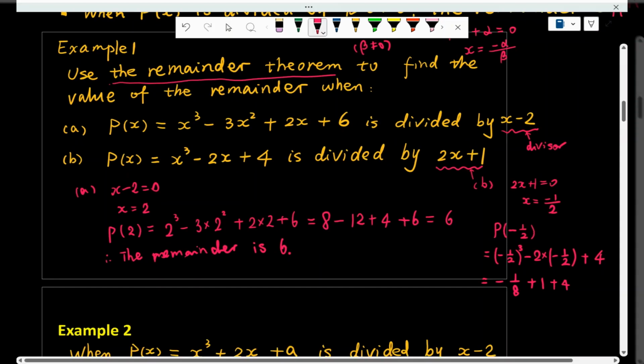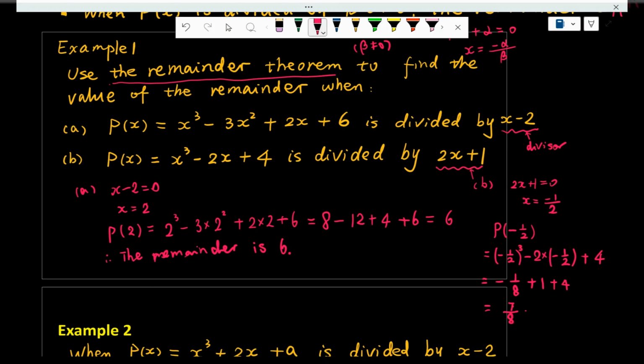And the final result will be 7 out of 8 plus 4. Convert this one to the mixed fraction. This one will be the remainder. Therefore, the remainder is 4 and 7 out of 8. This is the result to part B.